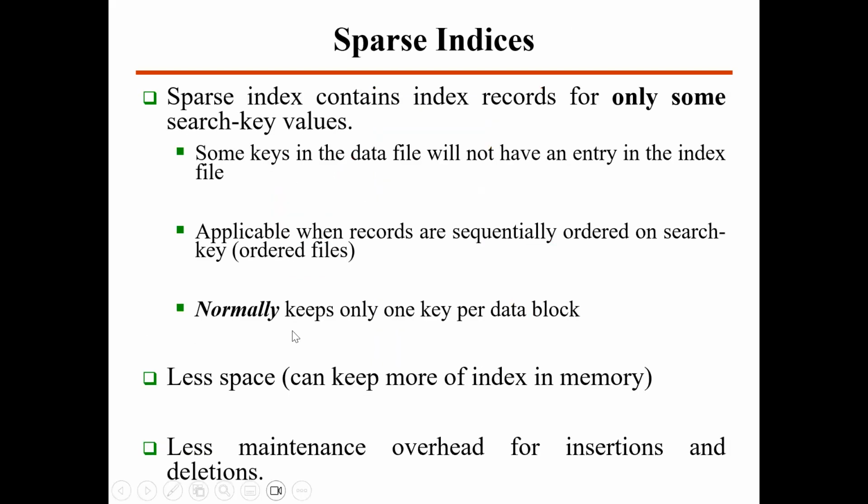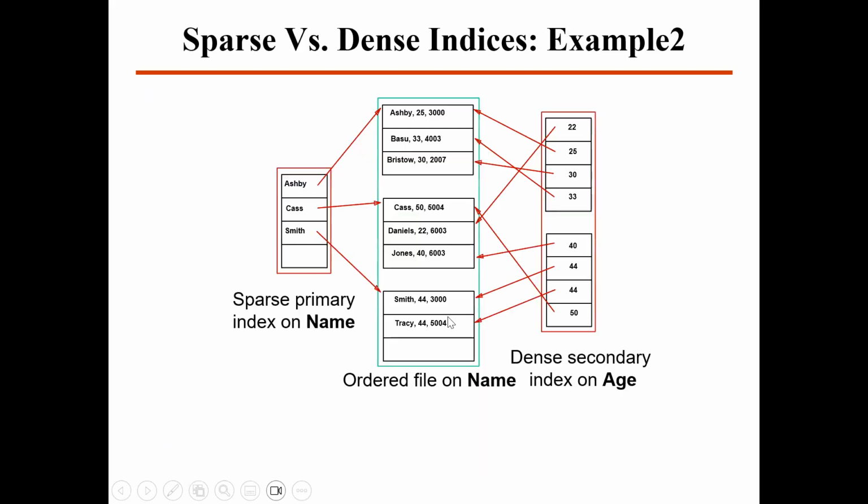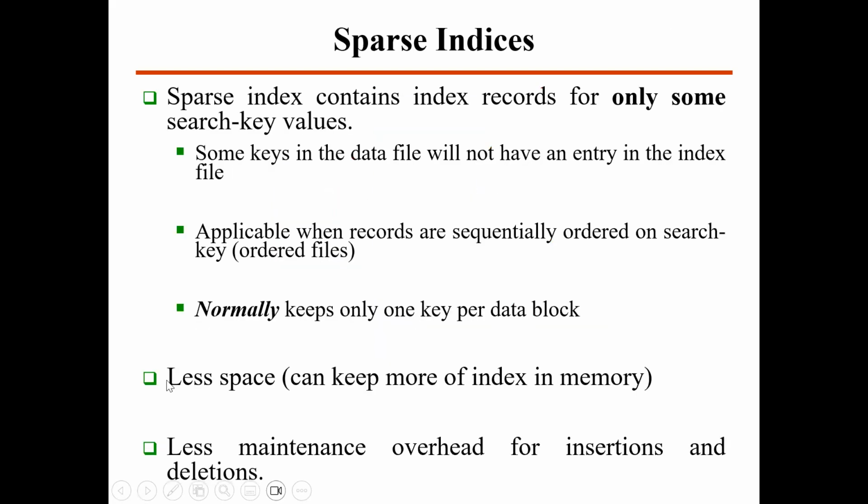Normally, it will keep only one key per data block. Now you see it has only one key for this block. It takes less space.